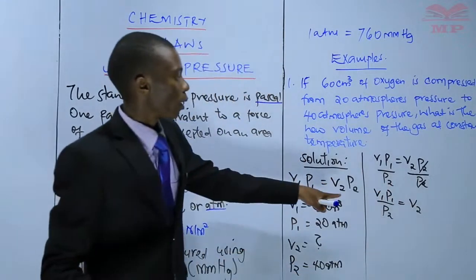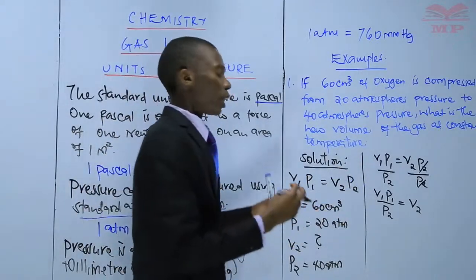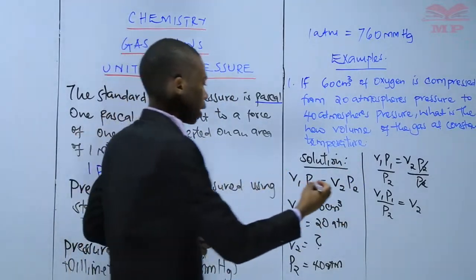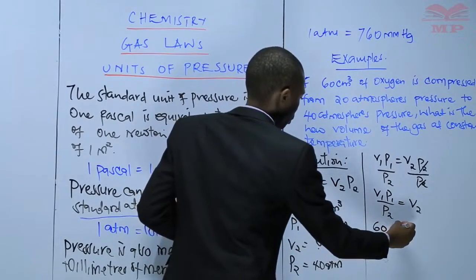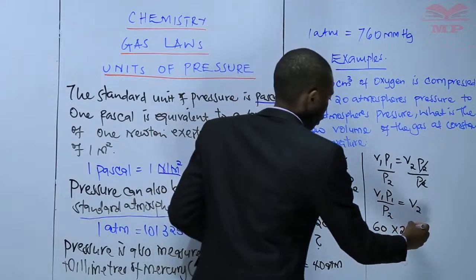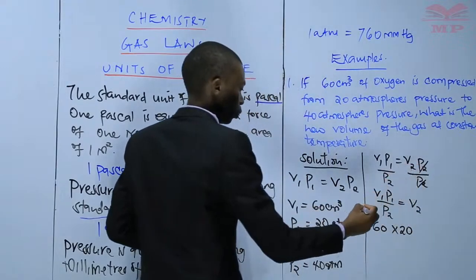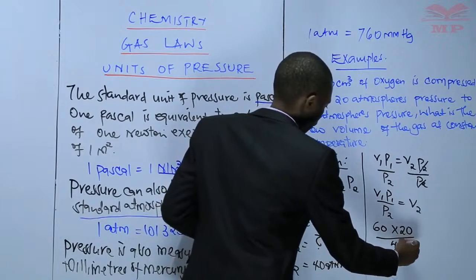You already have V1, P1, and P2, so you just substitute: V1 is 60 centimeters cubed, multiplied by P1, which is 20 atmospheres, divided by P2, which is 40.